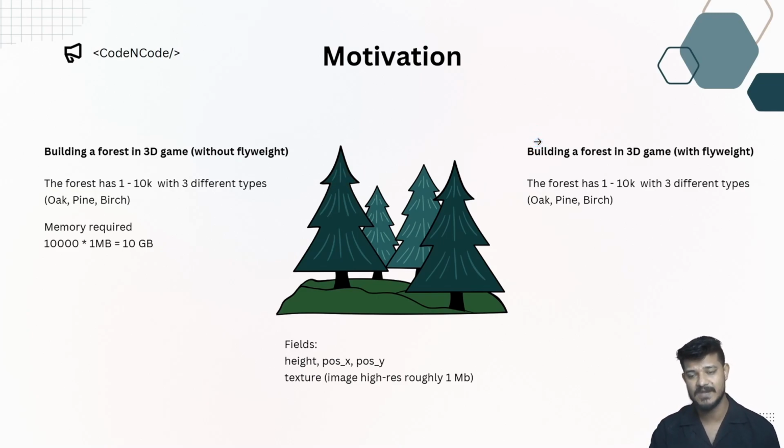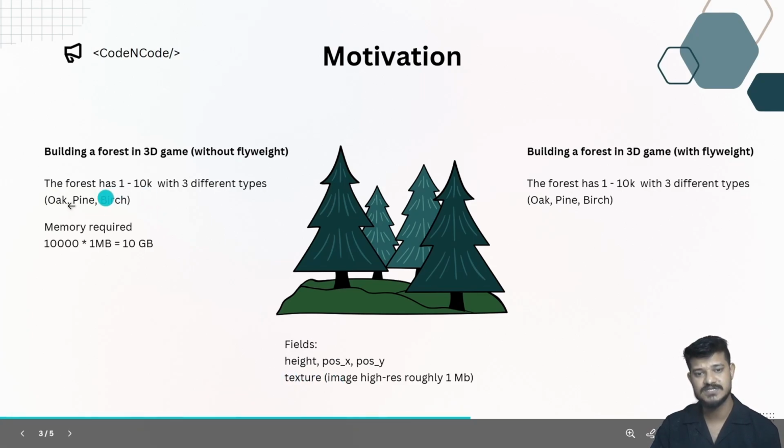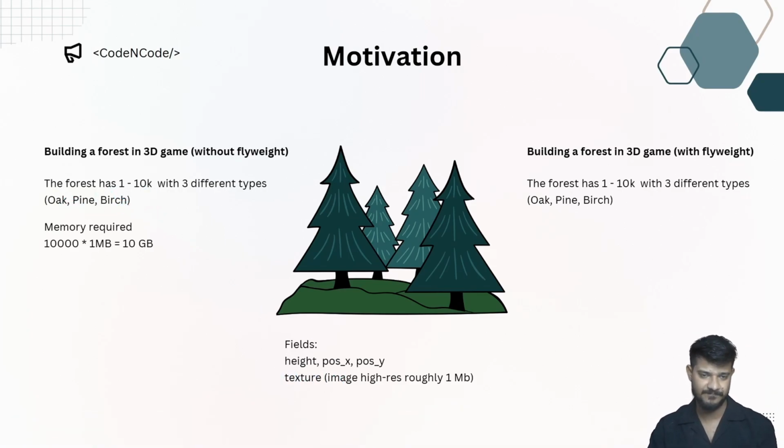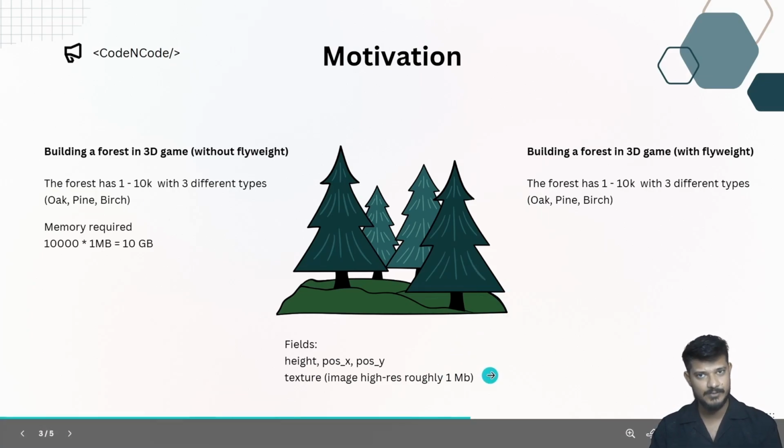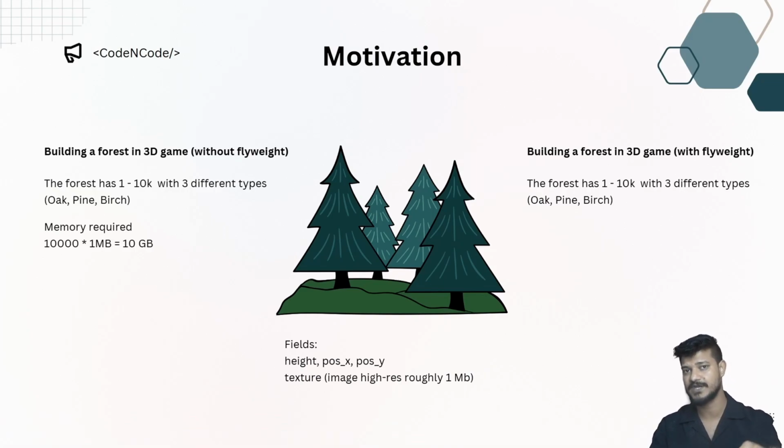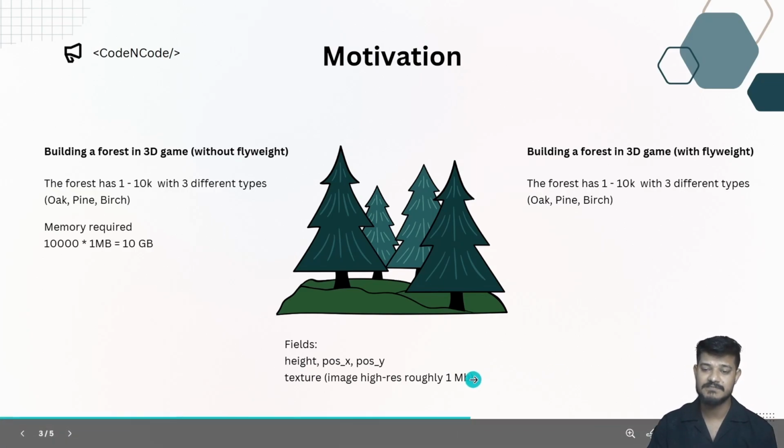If you apply the flyweight pattern, what it will do is take things which are common and memory heavy. For example, the texture: since there are three different trees, only three different textures are there. Only three, not 10,000. This is memory heavy because each texture or high resolution image is 1 MB or maybe more, and it is common. The position and height of each tree may be different, so those are not common.